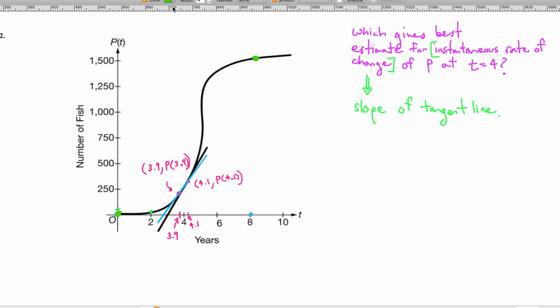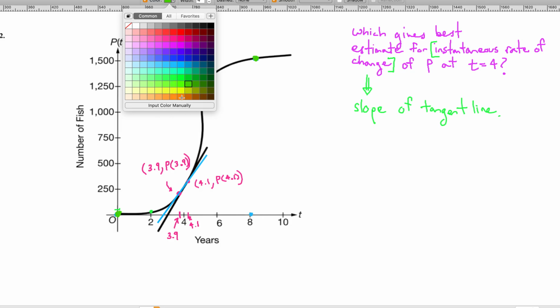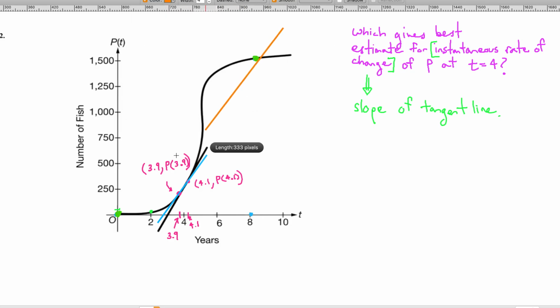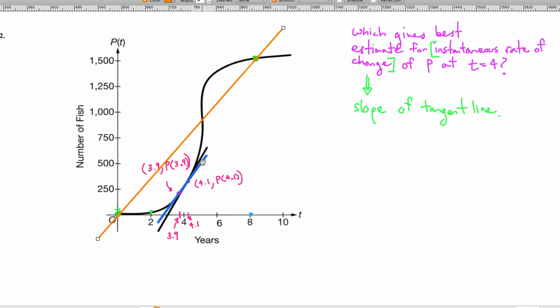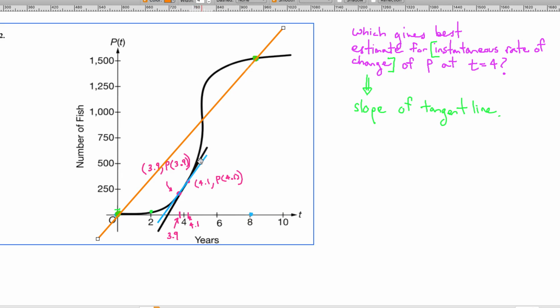And you'll see it's not very close to the actual tangent line. So if you look at this, that line, it's somewhat close, but that's just more or less coincidence, really. But the blue line is definitely closer to being the tangent line than that orange line. In theory, getting close is what makes it like the tangent line.